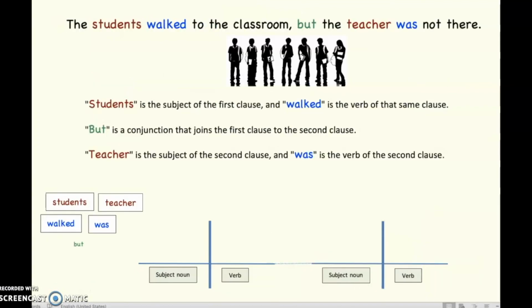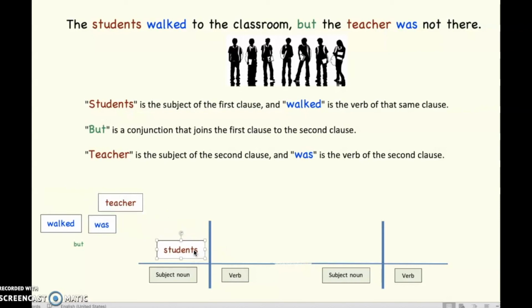Here is another example of a compound sentence. The students walked to the classroom, but the teacher was not there. So we have students walked. This is one clause. And we have teacher was. This is another clause. So we can diagram it like so.